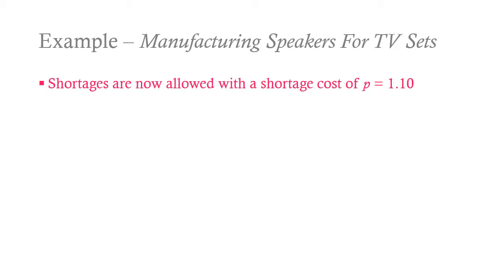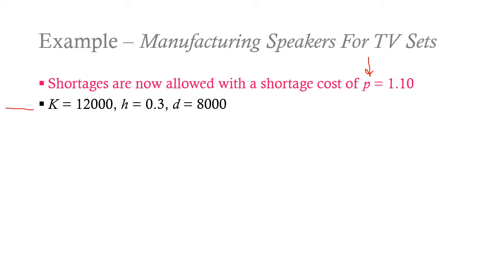This is the only difference, that now we allow shortages to occur, or the manufacturer believes that shortages can be allowed, and every time a shortage occurs, the manufacturer has to pay a shortage cost of P equals $1.1 per speaker short per month.